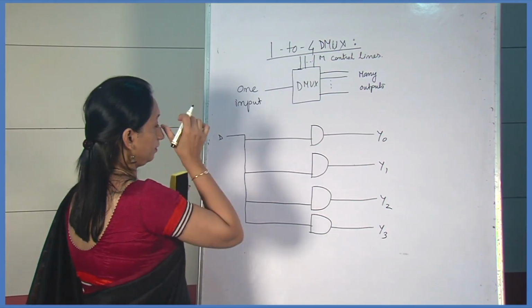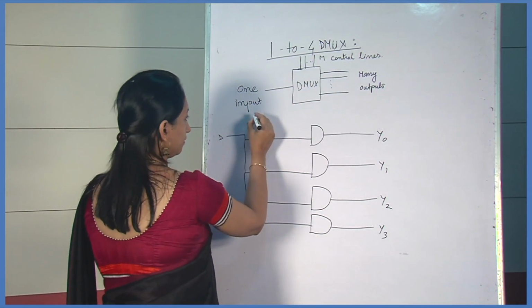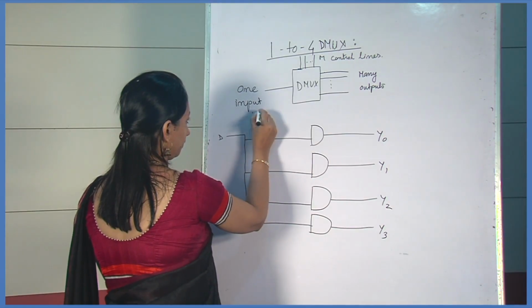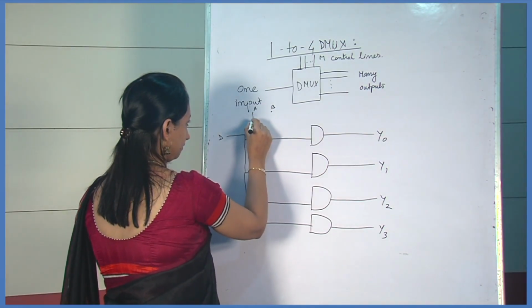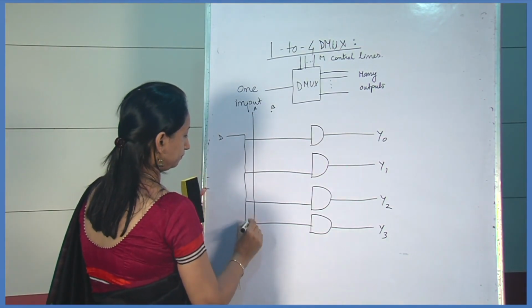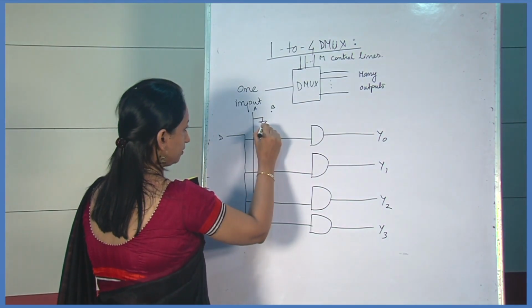Then in the case of a 1 to 4 demultiplexer, there are 2 selection lines, suppose A and B. Here a NOT gate is applied.